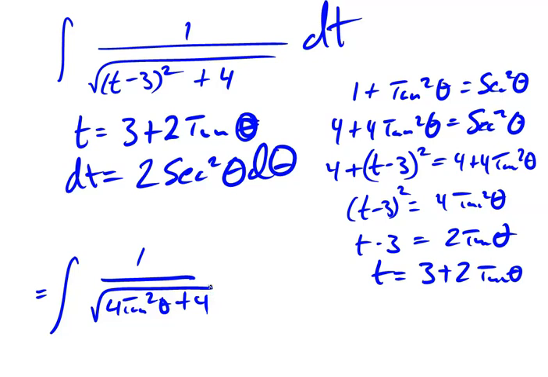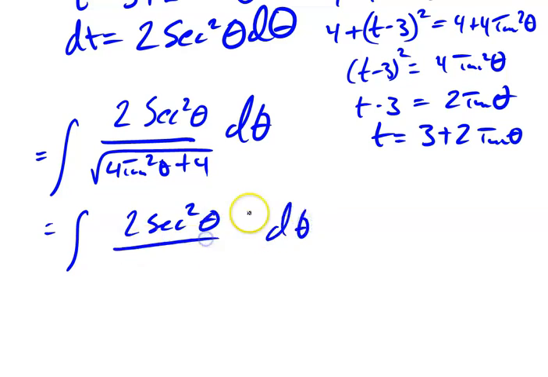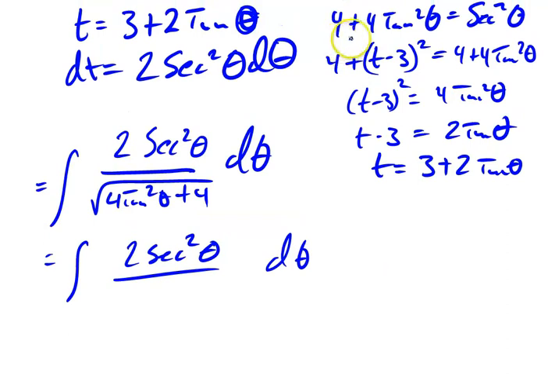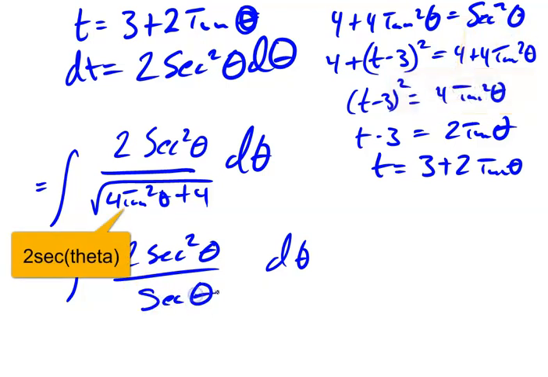The dt, I'm just going to write it in the numerator, is 2 secant squared theta d theta. Okay. So what do I end up with here? I've got an integral of 2 secant squared theta d theta, and in the denominator, that 4 plus 4 tangent squared theta under the square root is 4 secant squared theta. And so when you take the square root, you're just left with 2 secant of theta.